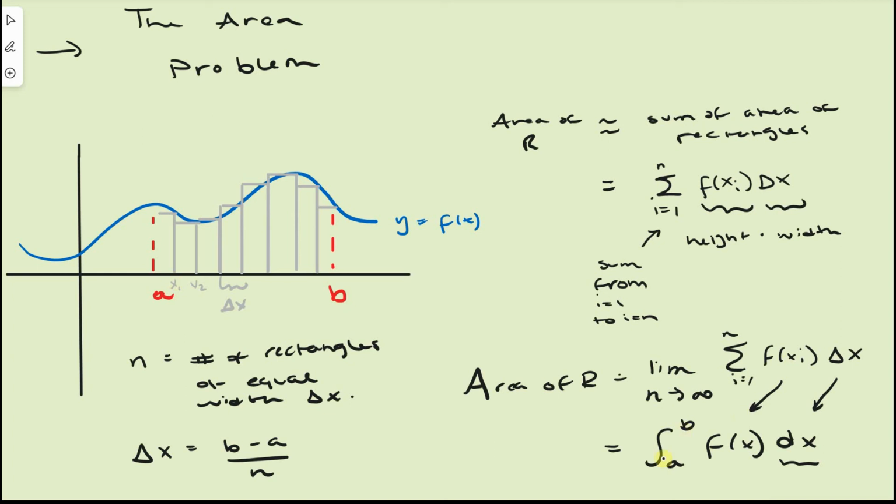But then when we go down here into the integral, which is defined as this limit as n goes to infinity, we just have f of x, so just continuous values of f of x, continuous values of x. And then you can think of this integral sign as the continuous version of this sum, right? So all of these arrows here just correspond to once we take the limit.